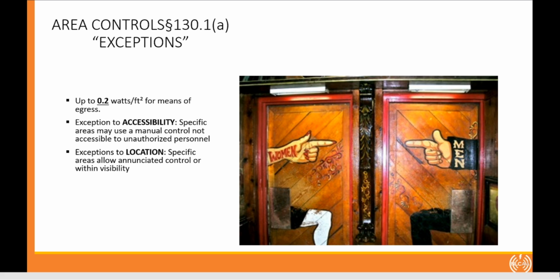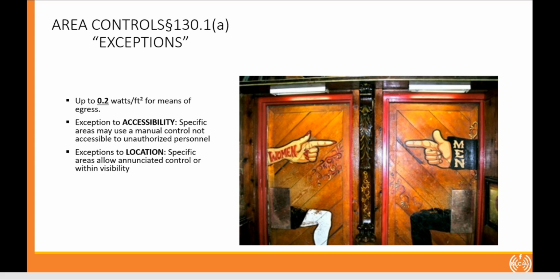And also, the switch never went away. The switch is still required, but you can make it so that it's not accessible to unauthorized personnel. Okay, so it's up to us if you want to pursue that, or you just leave it alone and not worry about it.